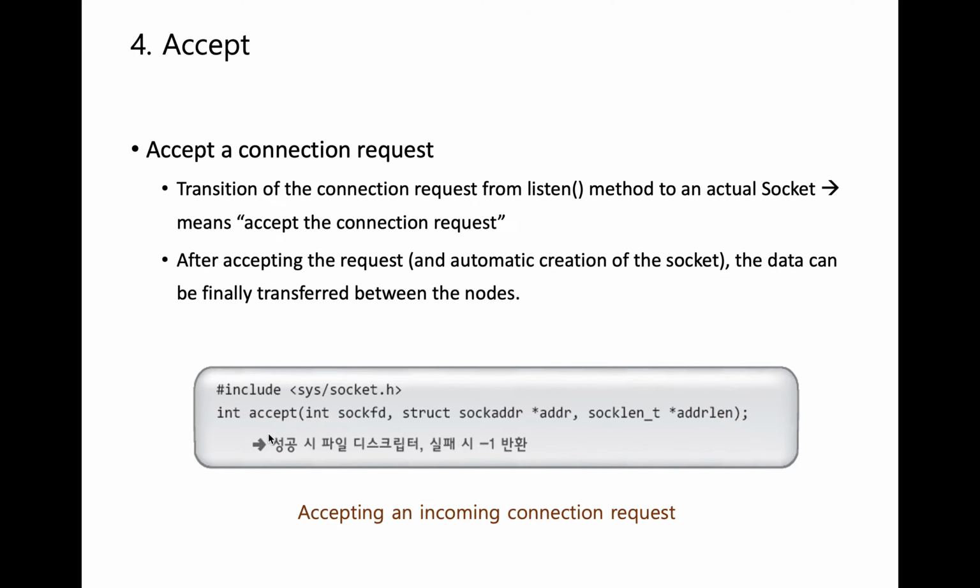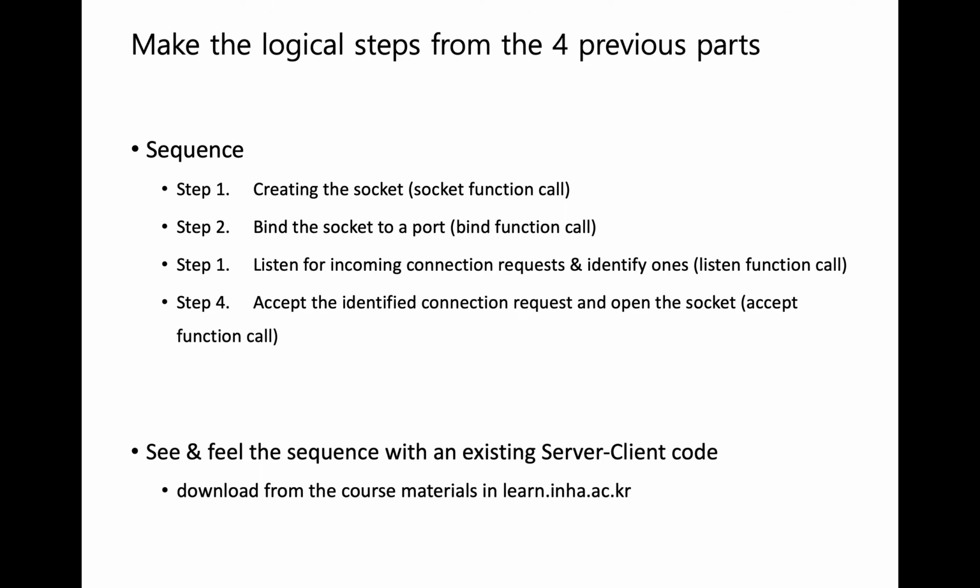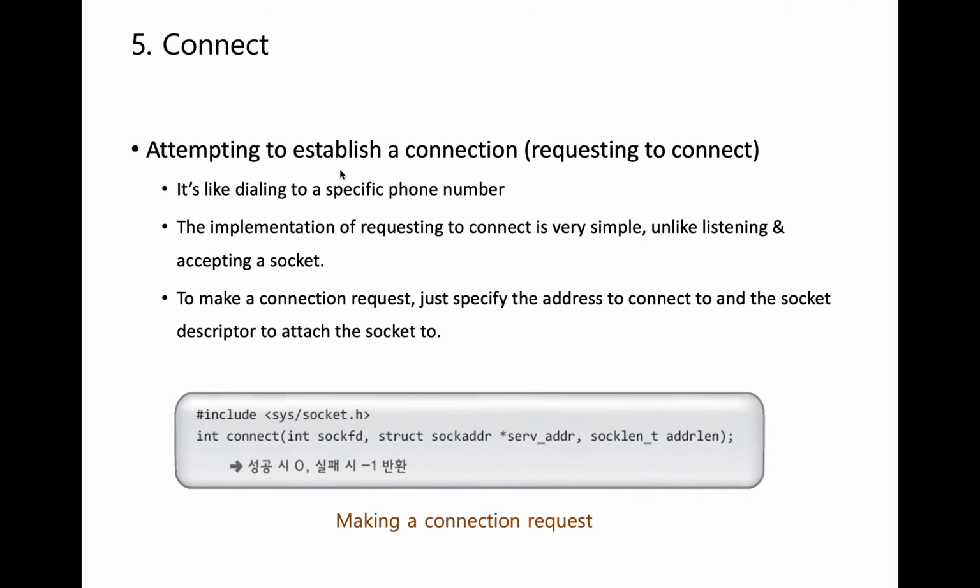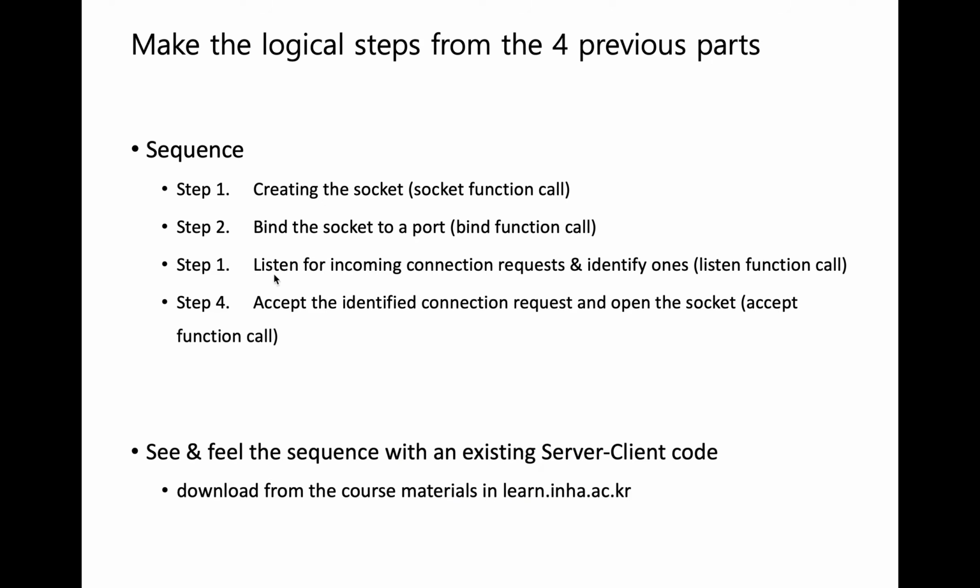So now let's take a look at the fifth step. Actually, the fifth step is just making logical steps from the four previous parts. Let's come back to the first step and try to understand what we did. Let's try to connect the dots. The first thing was creating the socket by making a socket function call.